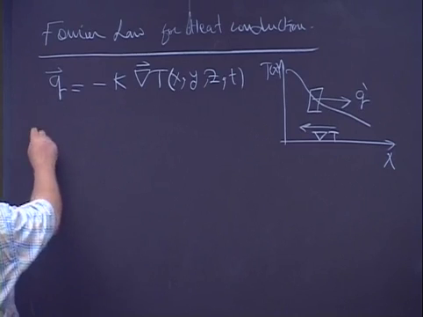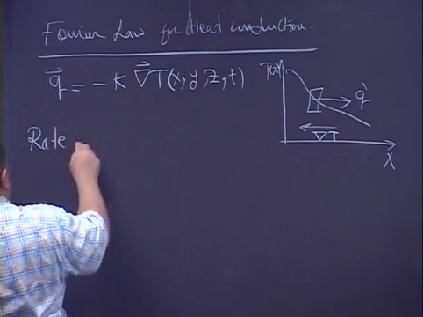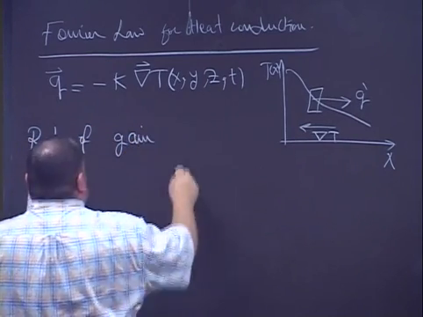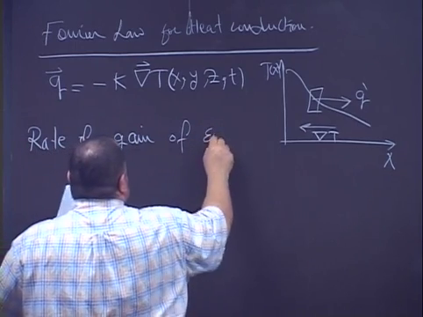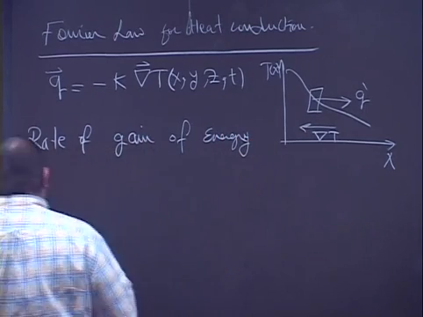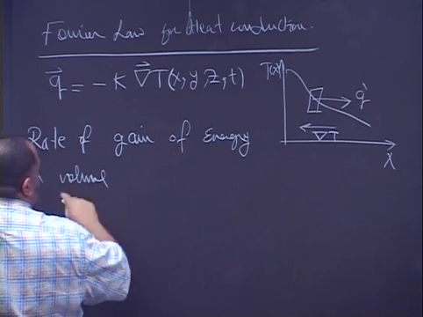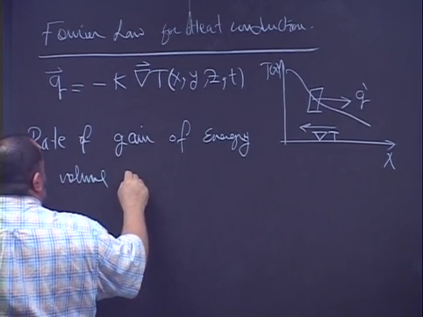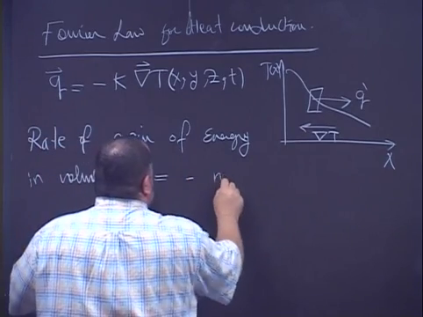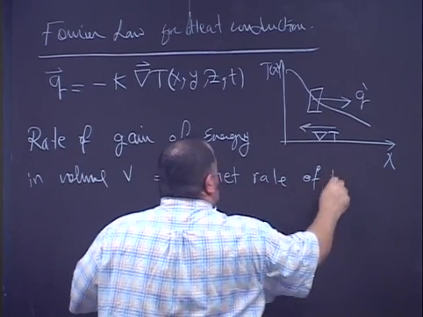So let's write the heat equation. We know that if you have a certain volume V, the rate of gain of energy in volume V should equal negative the net rate of heat loss.